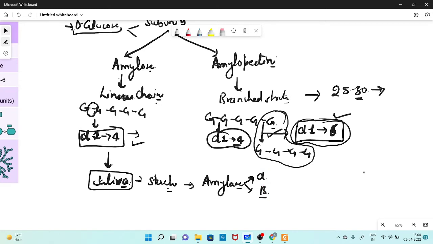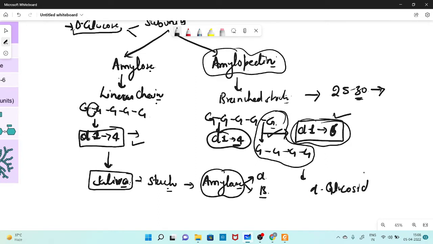They degrade the linear structure of amylose. Next comes the degradation of amylopectin. Amylopectin is degraded by the enzyme called alpha glucosidase, or you can say the debranching enzyme.